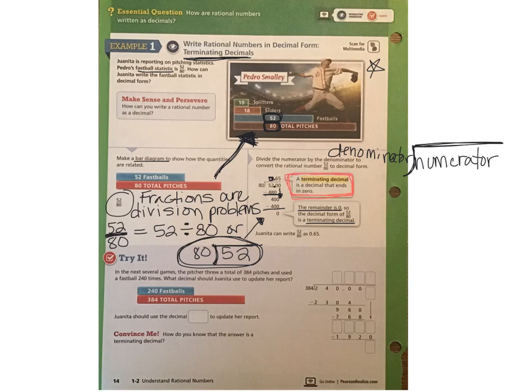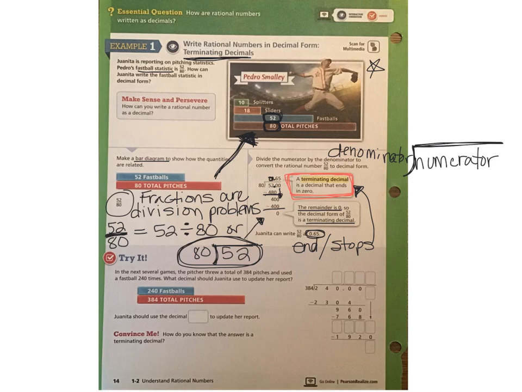In other words, a terminating decimal is a decimal that stops. Terminate means to end or stop. So Juanita can write the fraction 52/80 as the decimal 0.65.